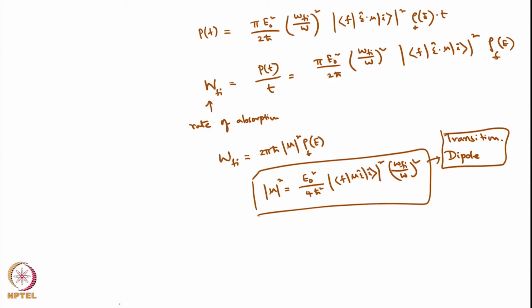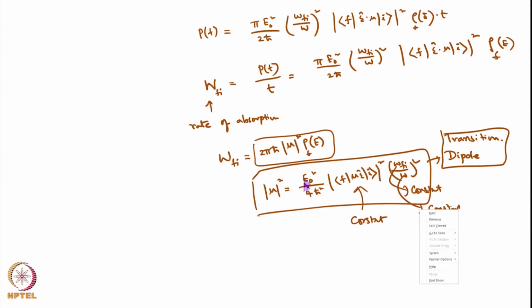And WFI, that is the rate constant, the rate for absorption, will depend on these values. Now, for a given f, this is a constant, and omega Fi is constant, and if you know what wavelength of light you are shining, this is constant.